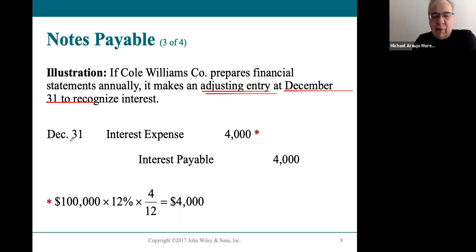So December 31st, you'd have the adjusting entry of an interest expense for 4,000. And they would set up an interest payable for 4,000, showing that they're going to be paying that in the next fiscal period. The 4,000 came about by taking the $100,000, which was the note, times the 12%. Again, that is the annual interest. This is for all 12 months. We got it in September, so we needed September, October, November, December, 4 months of the 12. And that's where we got the $4,000 in interest.